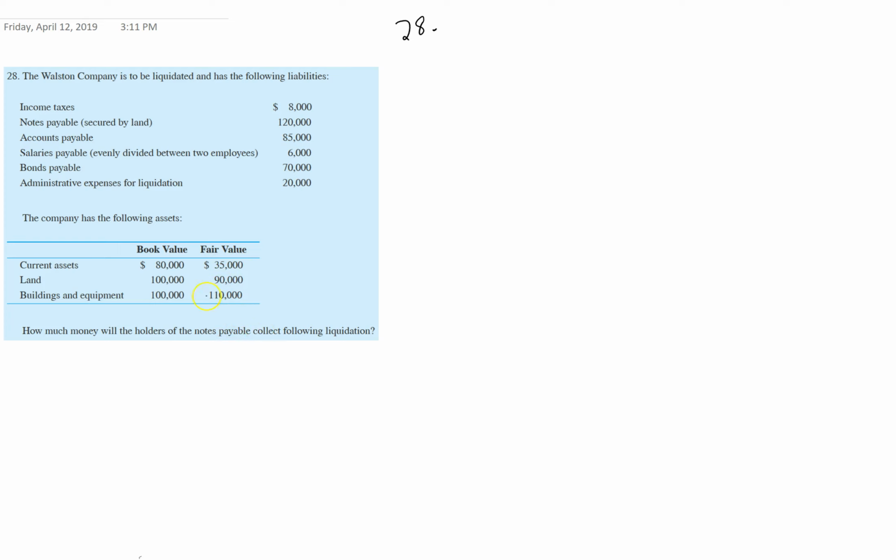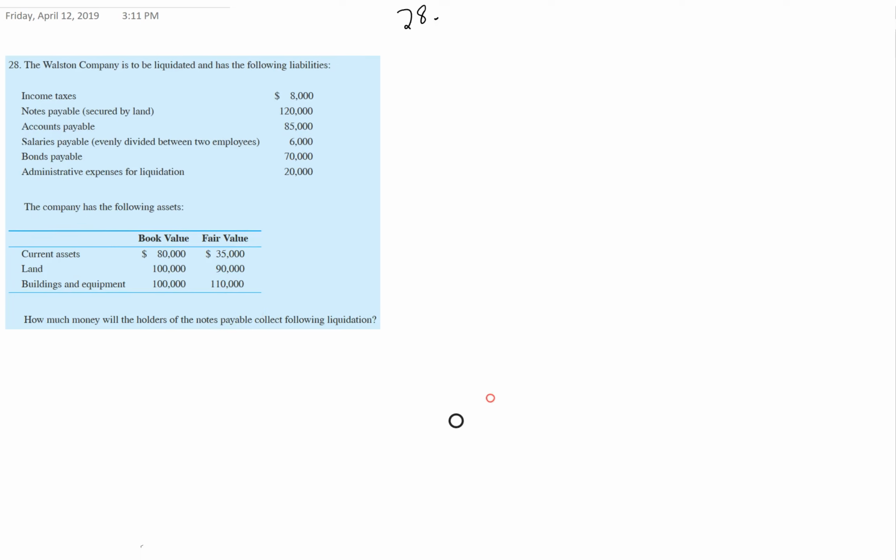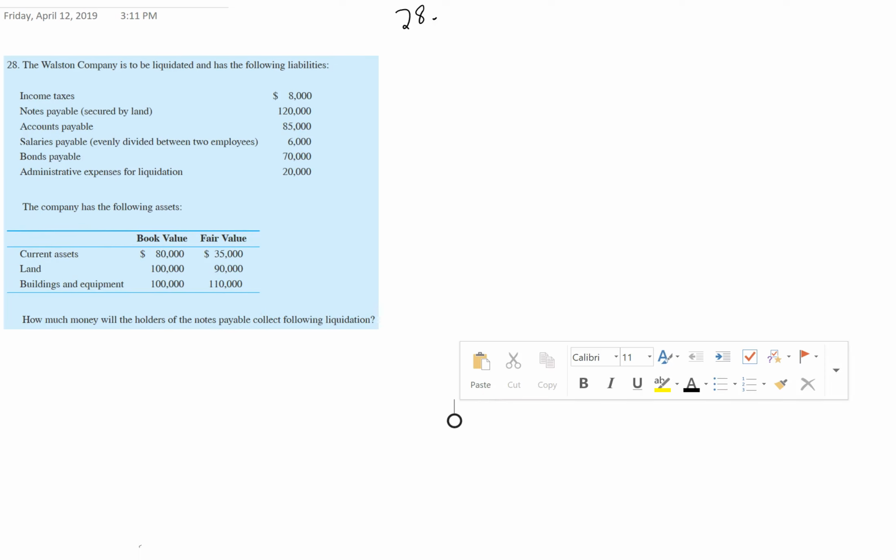This piece of land is used to secure the notes payable, and the amount of notes payable is 120,000, while the land value is 90,000. That means this land is only partially securing the notes payable. So after using the land to secure the notes payable, we will get nothing from this land.